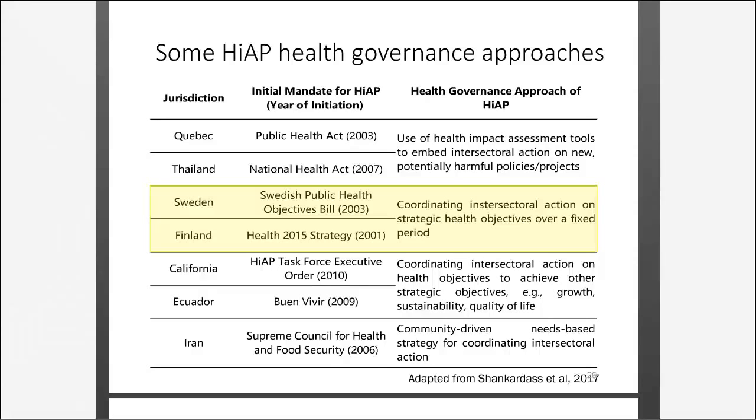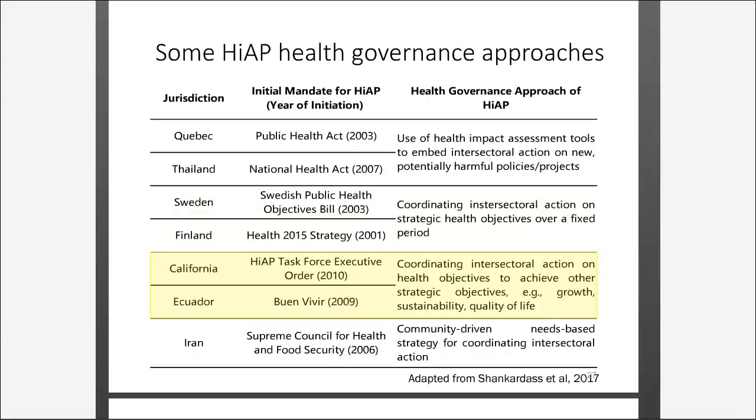Usually it's a 10 or a 20-year strategy, and they're using health in all policies to say on these strategic objectives, we're going to use intersectoral action to try and improve health equity over the short to mid-term.